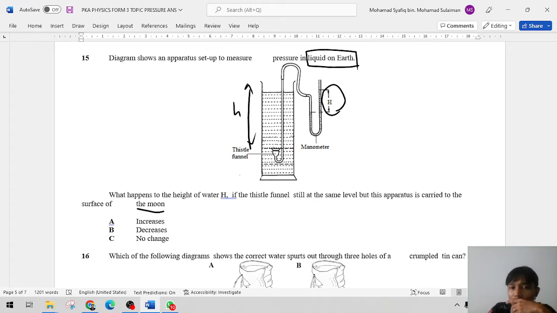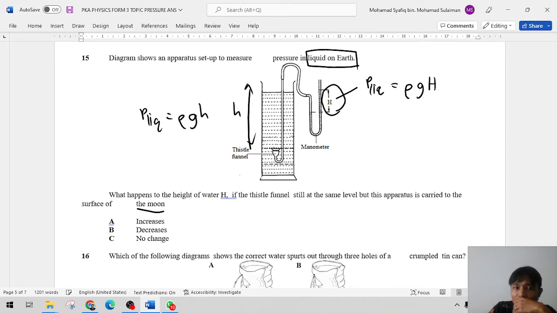Okay, we need to notice that actually this is pressure in liquid, so pressure in liquid is equal to rho GH, and also here is pressure in liquid, so pressure in liquid is equal to rho GH.